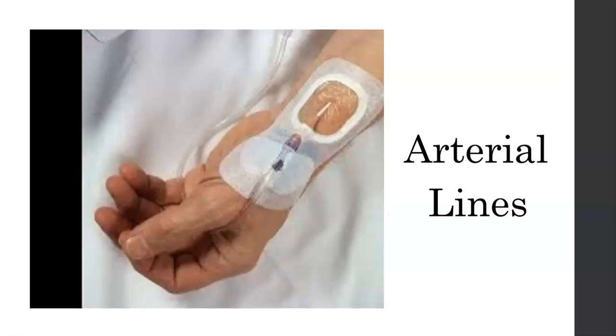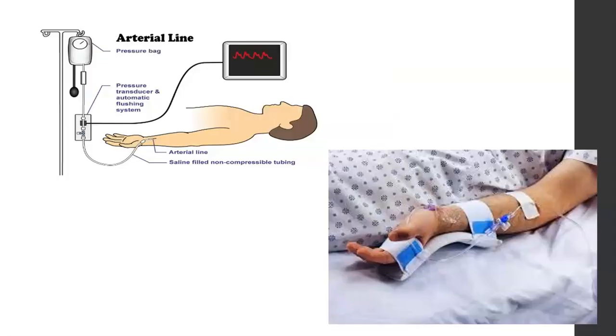All right, arterial lines. So these are pretty much self-explanatory to a certain degree. They're arterial lines. They are placed into an artery, most often the radial artery, but they can also be put in your femoral artery.